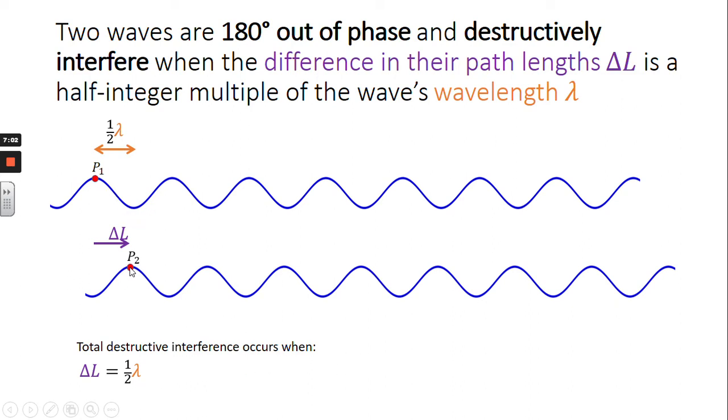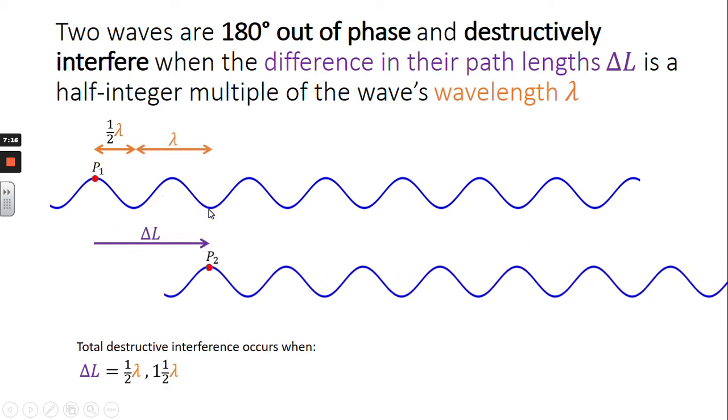Now, when is the next point where P2 would destructively interfere? Think about that for a second. At which point will P2 next destructively interfere? Well, now it's got to slide a whole wavelength over so that it can line up with the next. So the crest of point 2 could line up with the trough of the top wave.